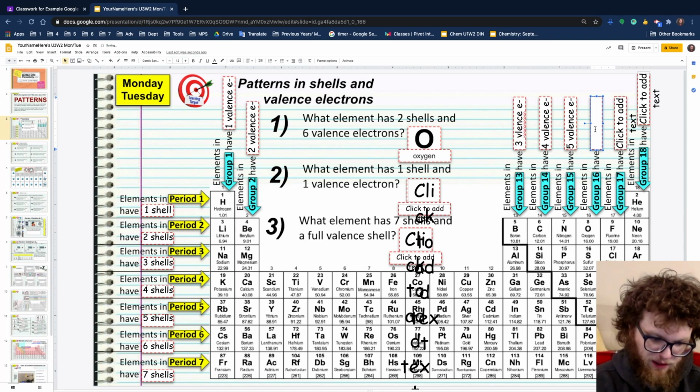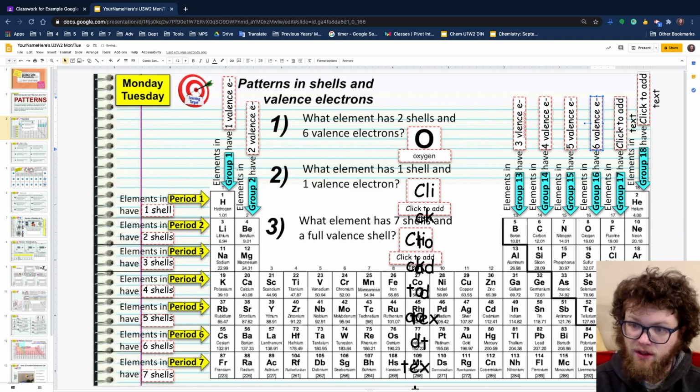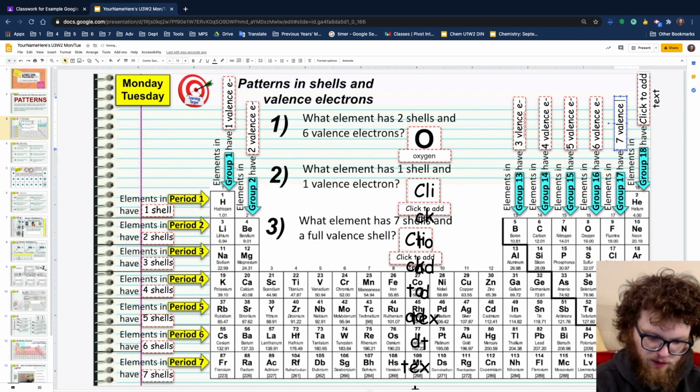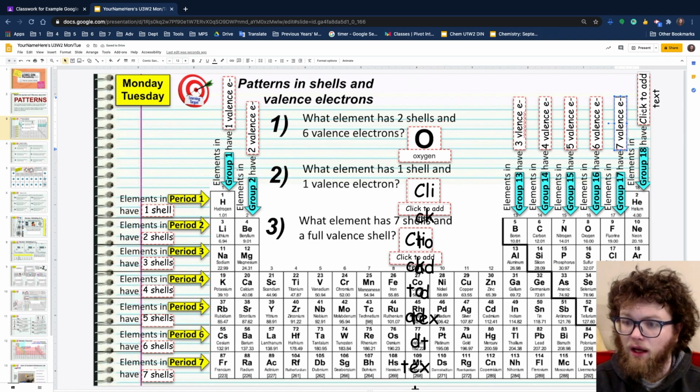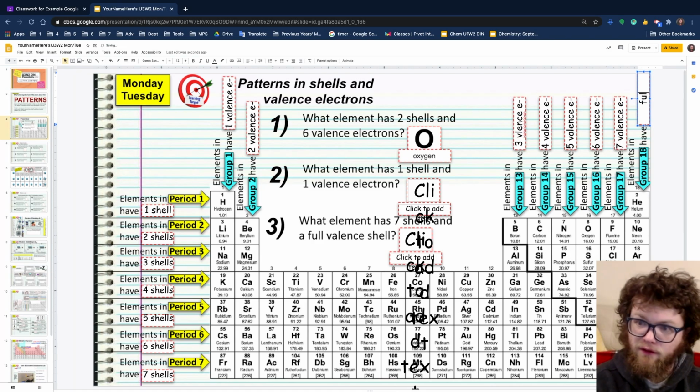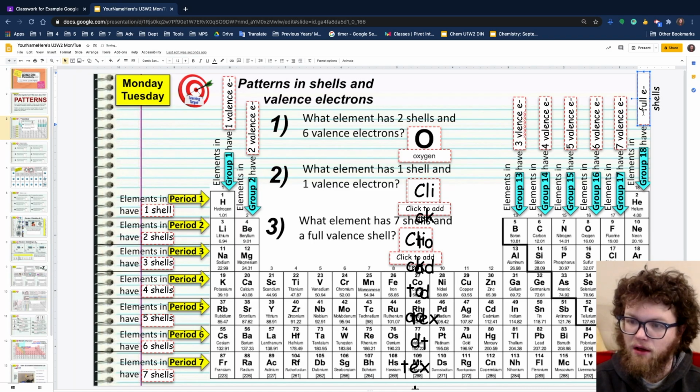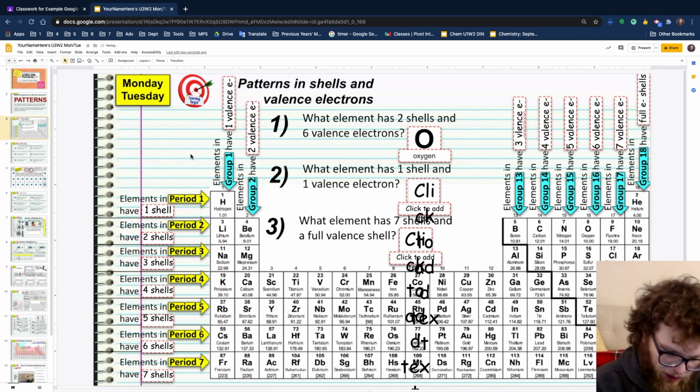Elements in group 16 have 6 valence electrons. Elements in group 17 have 7 valence electrons. And elements in group 18 have full electron shells. Oh, slightly too big. Well, we can fix that.